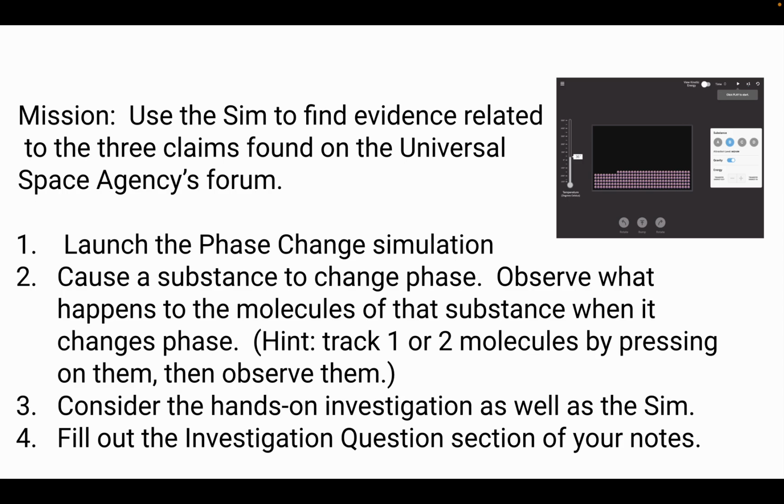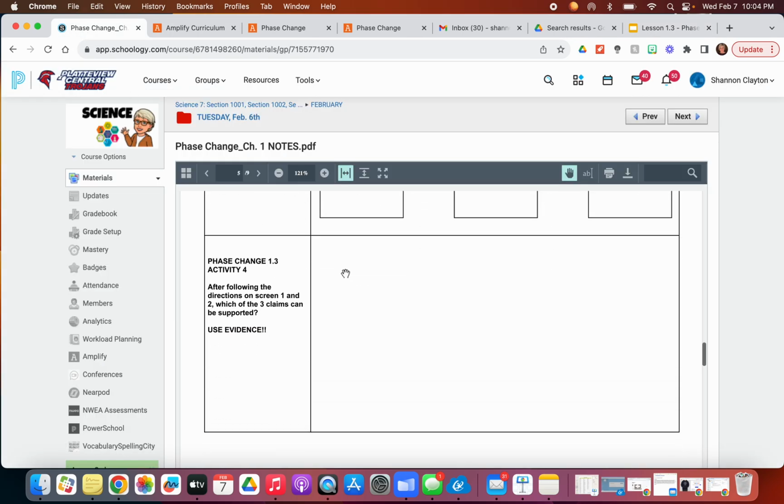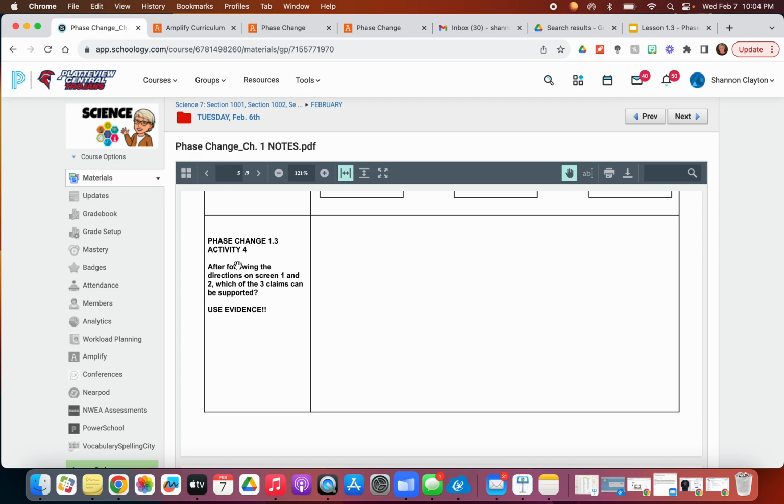And then you're going to fill out the investigation question section in your notes. So you're going to come back here to your notes, and down here at the bottom of that page, here's that phase change 1.3 activity 4. After following the directions on the screen, which of the 3 claims can be supported?